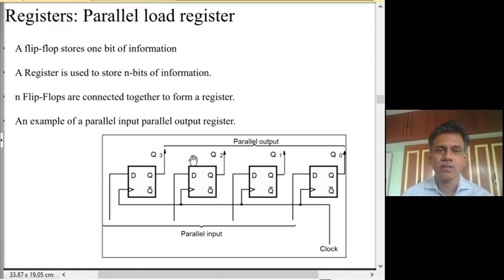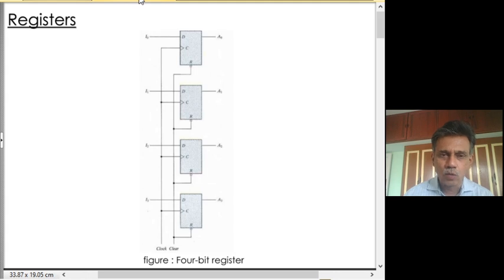This parallel register can also be laid out in a different format as you might require. So here again there is a register with 4 bits, and we use the notation A0, A1, A2, A3 to differentiate the various bits, and this is the arrangement we have made use of.